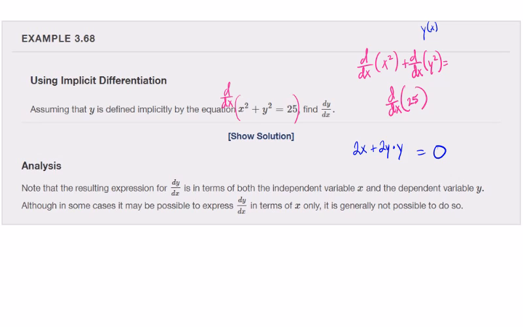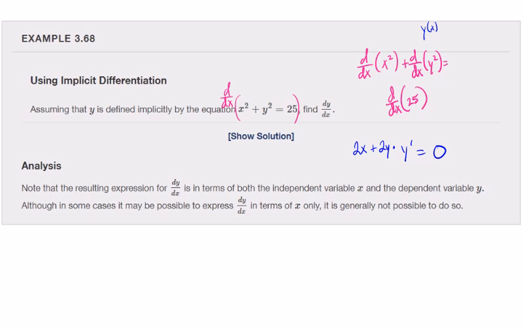Or if you use Leibniz notation, dy dx. But I'm just going to do it as y prime because it's a little easier to solve for, even though here they say find dy dx. Basically we're using the chain rule. So this is the derivative of that inner function that we don't know. We don't have y solved for x, so we're just going to call it y prime.